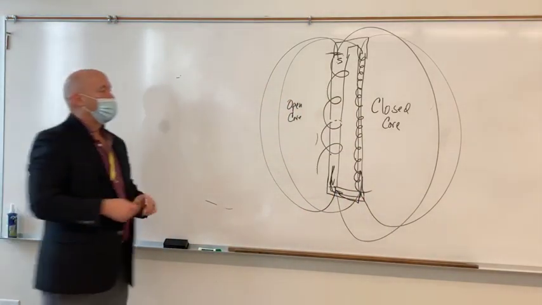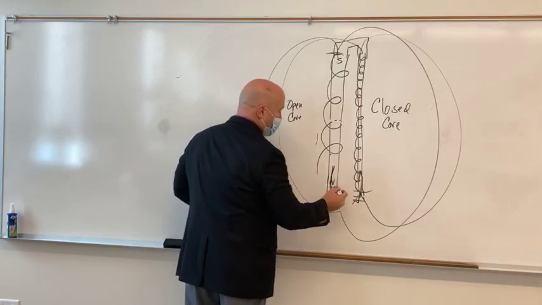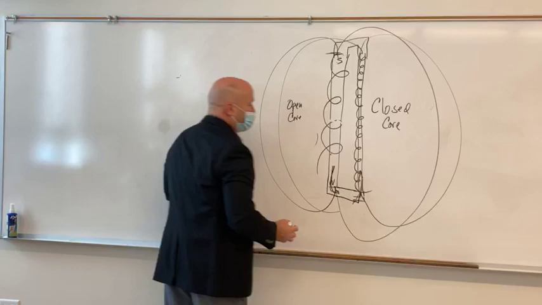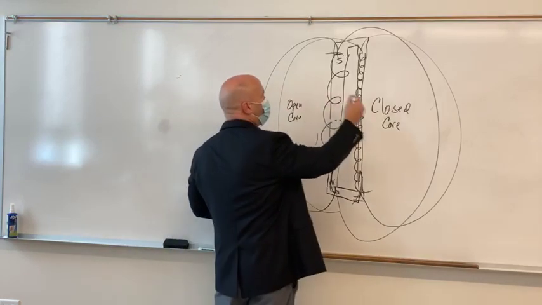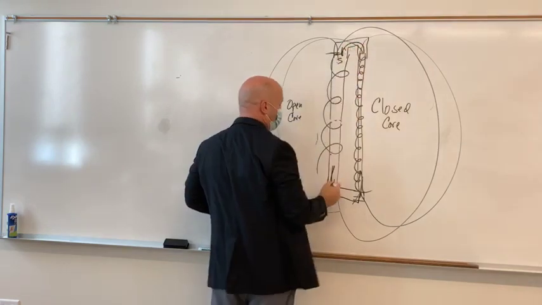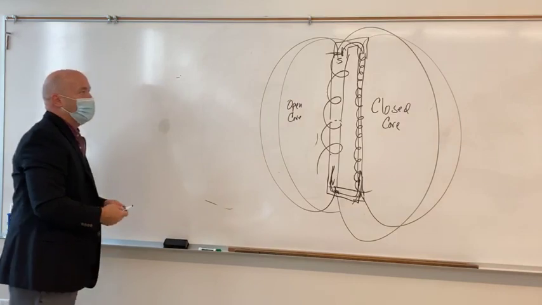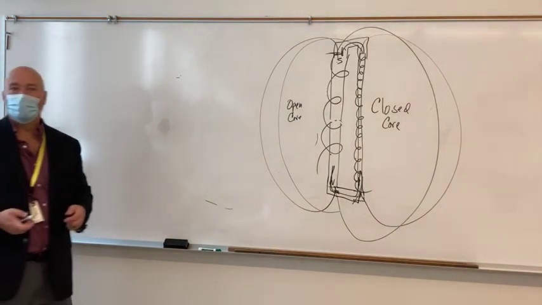All right? So open core would be just that, what I initially drew. But still, even here, we've got a pathway for them to go and a closed loop of magnetism right there in the middle, but we're still wasting some.